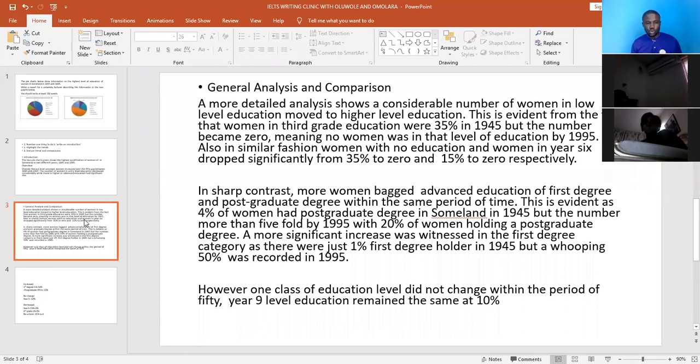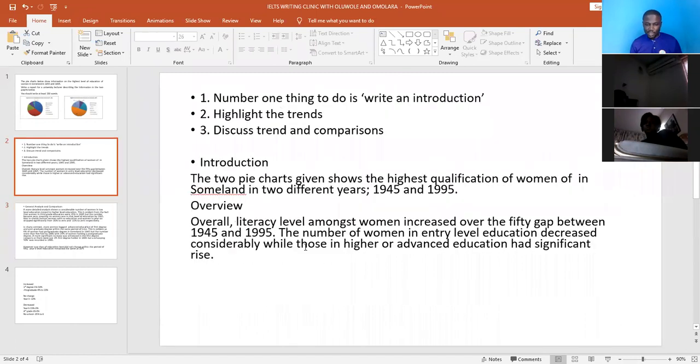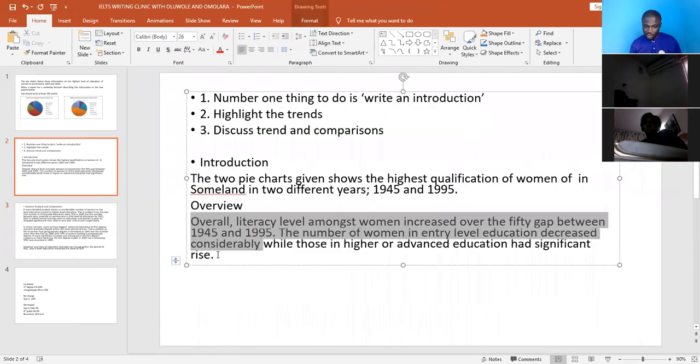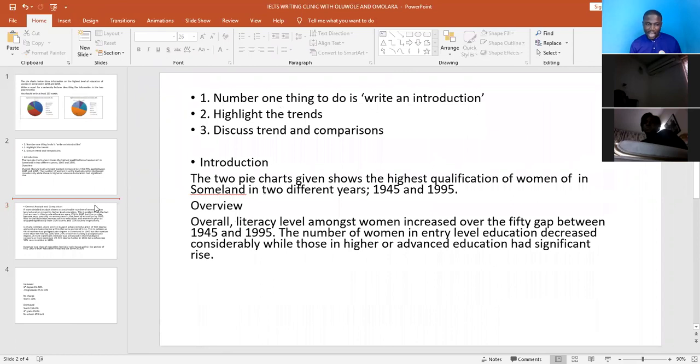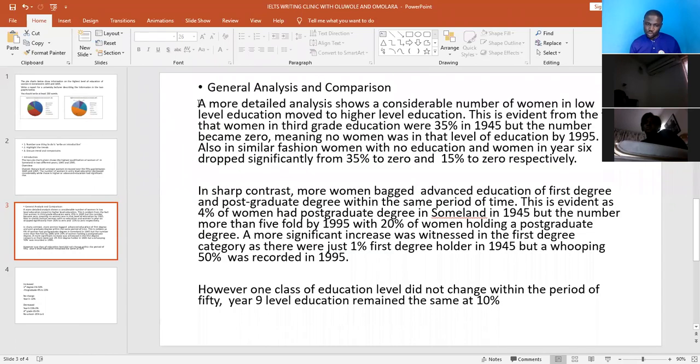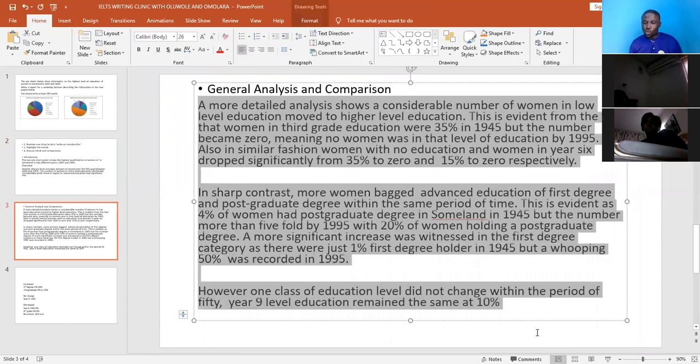Then you identify the major trends. Then you come and discuss. You need to use a wide range of ways to portray your message, because if you're able to categorize your discussion, it will keep you from being confused. If you are able to properly present it, it will score you more marks.